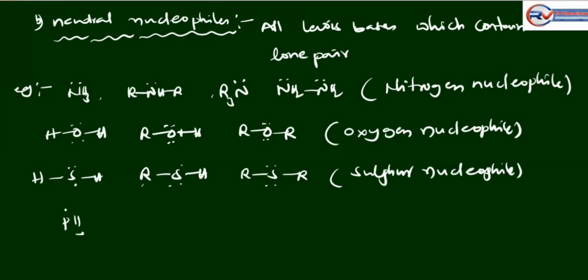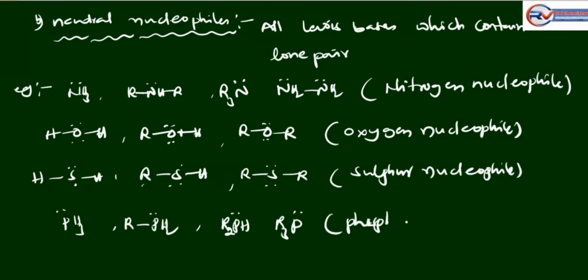PH3, phosphine, RPH2, R2PH, R3P. These are phosphorus nucleophiles. These are examples of neutral nucleophiles.